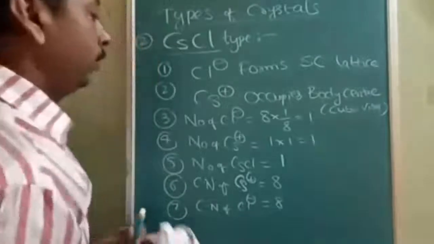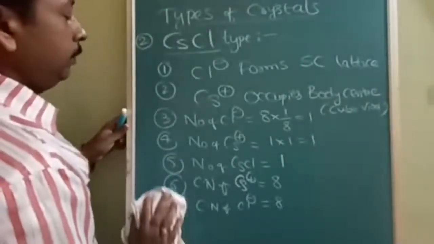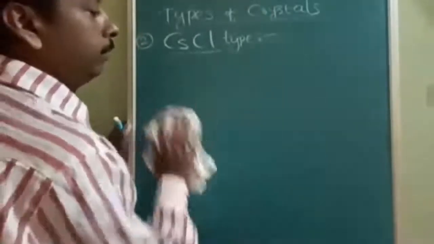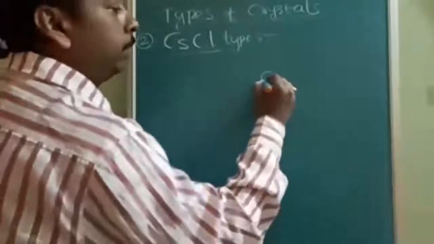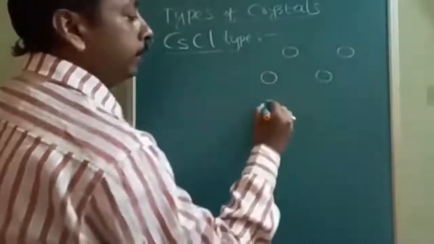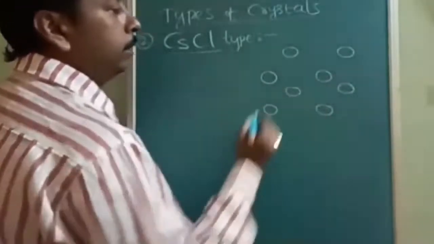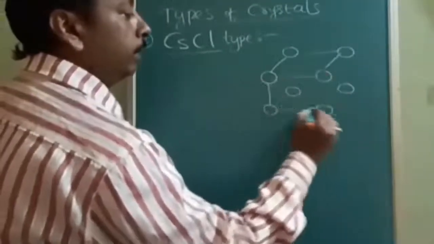Now we are going to the third type. I think all of you noted this. Sorry, I forgot to draw the diagram also. CsCl type, here a circle, very easy diagram. The easiest diagram to draw is cesium chloride. These are the simple cubic formed by the chlorine minus.